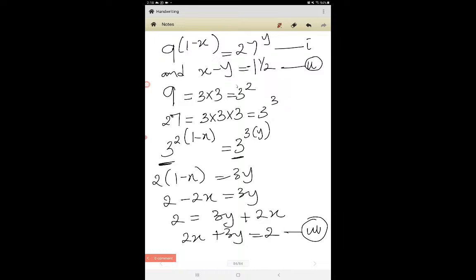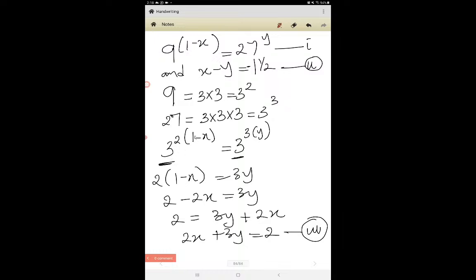Equation 3 is gotten by analyzing, because 9 is 3 times 3, which is 3 square, and 27 is 3 times 3 times 3, which is 3 raised to power 3.